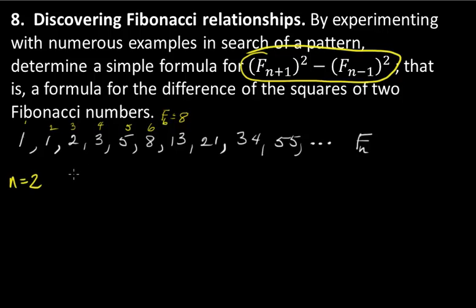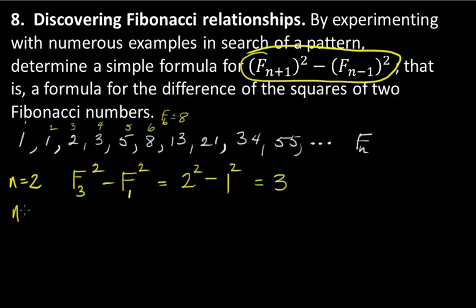If n is equal to 2, then f sub n plus 1 is f3, and we're going to square that and subtract f sub n minus 1, which is f1 squared. Now we go to our list and we see f3 is 2, so we have 2 squared, and the first Fibonacci is 1, and we have 4 minus 1 is 3.